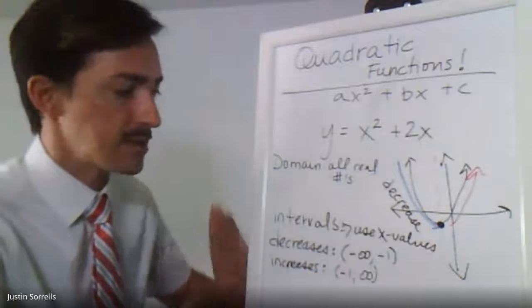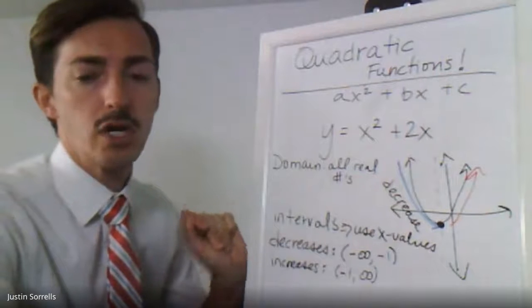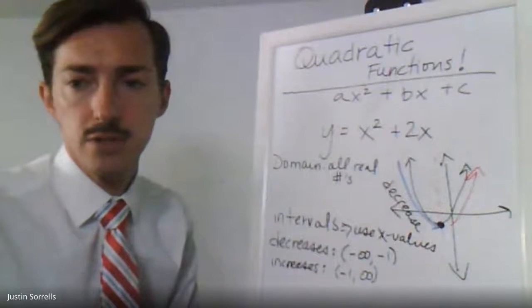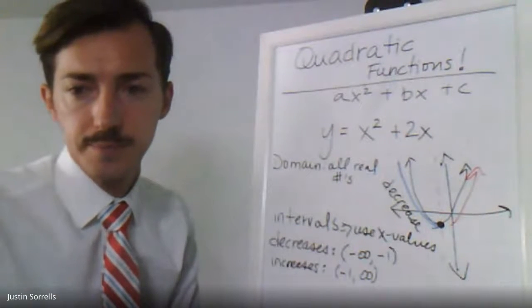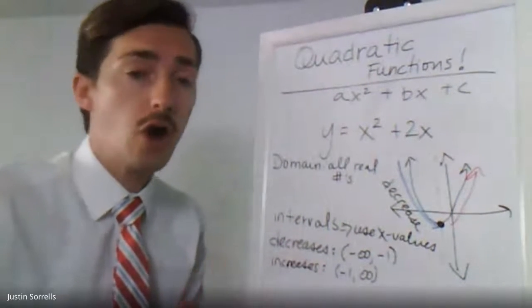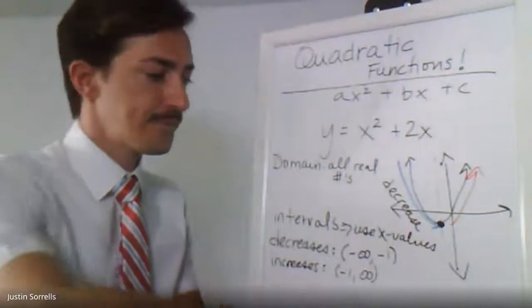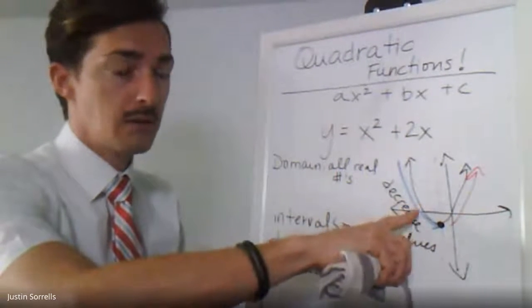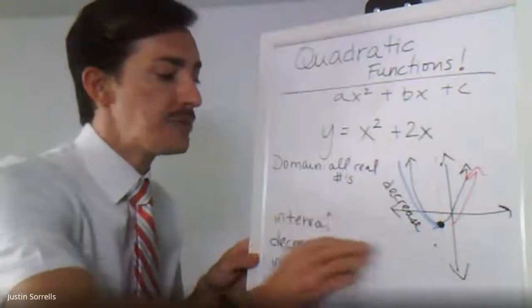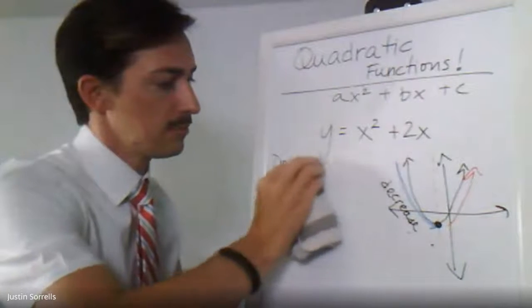I'll give you a second to take all of this in, and I'll draw you a new graph to show you the difference. But also remember that the notes are on Canvas, and there's a video of me going over those notes too, okay? So I'm going to keep that graph there because that graph opens up.